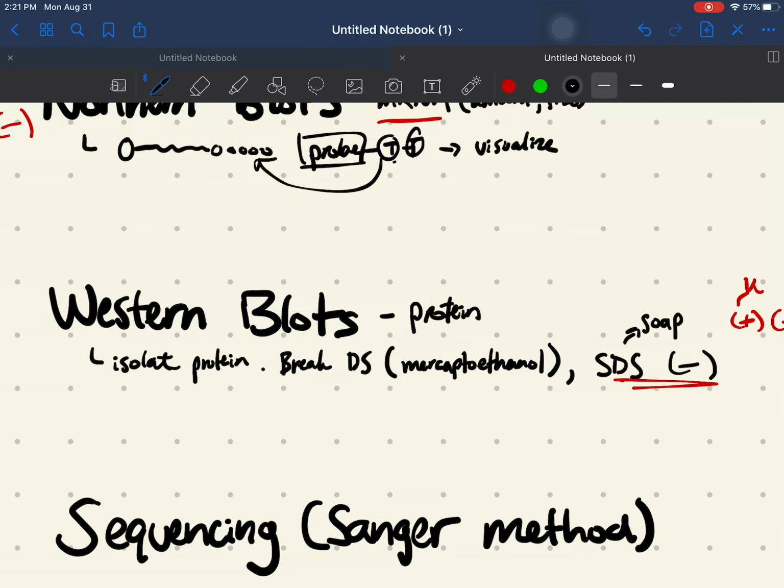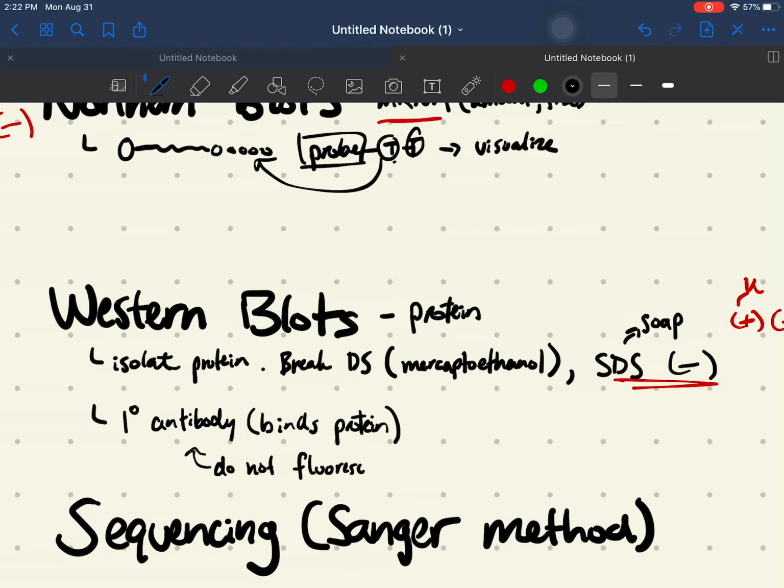So you add in the SDS, and then what you want to do is you want to add in a primary antibody that's going to bind to your protein of interest, right? Binds to the specific protein that you want to take a look at. And for the most part, a lot of these primary antibodies, they do not glow, or they do not fluoresce under a microscope, or any other visualization technique.